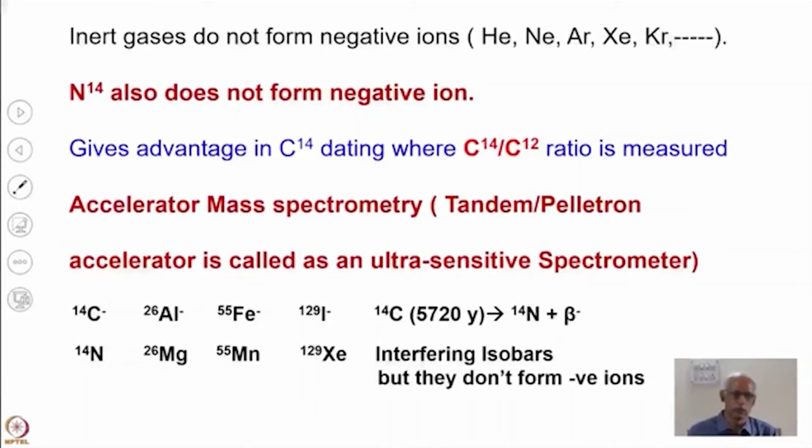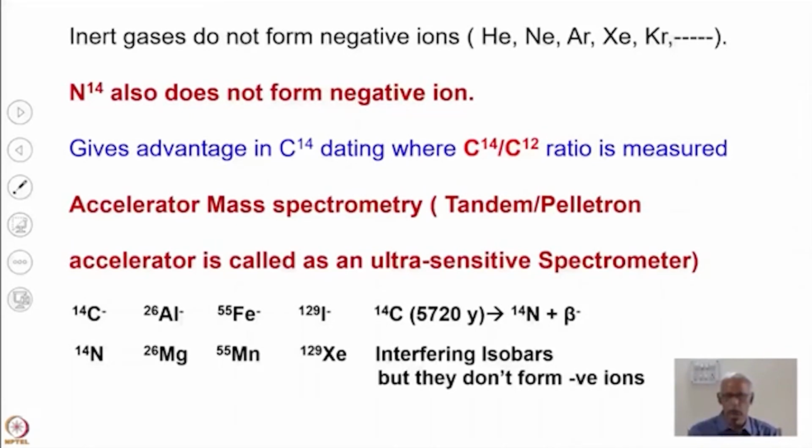Not only that, since these inert gases don't form negative ions, that is again an advantage for various kinds of measurements, where carbon 14, aluminum 26, iron 55 or iodine 129 negative ions are used.